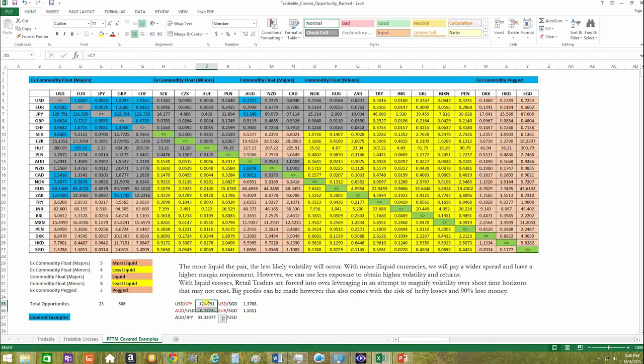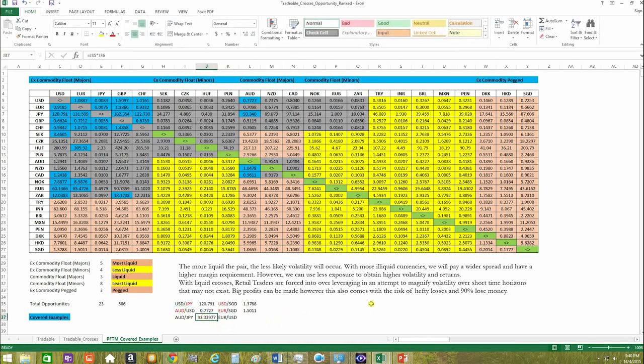The cells we referenced were C7, column C, row 7, and L5, column L, row 5, and we multiplied them together to get the Aussie dollar yen rate, because the currency that remained became the numerator and the denominator.